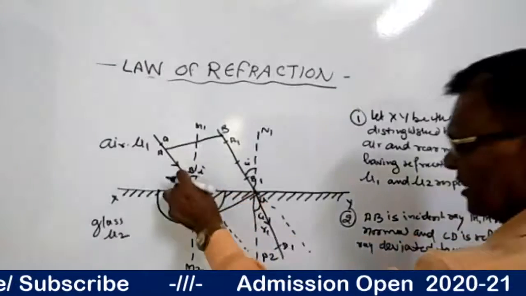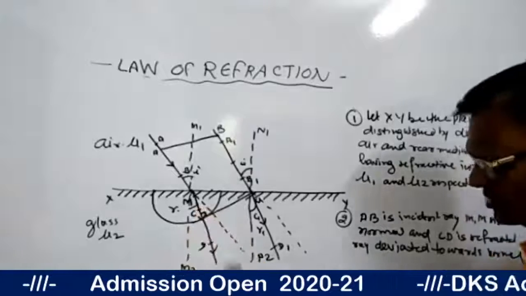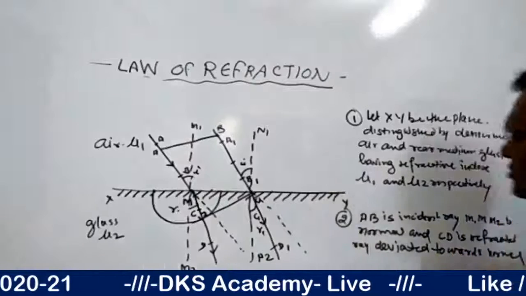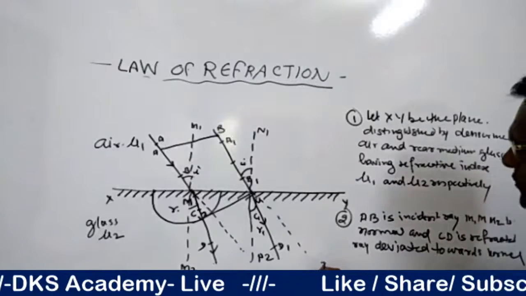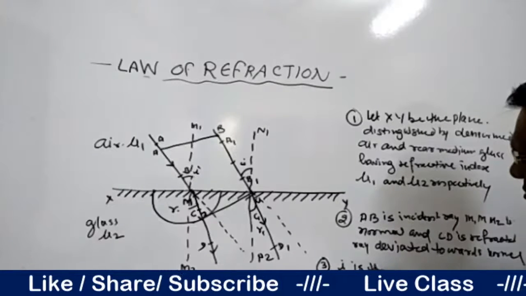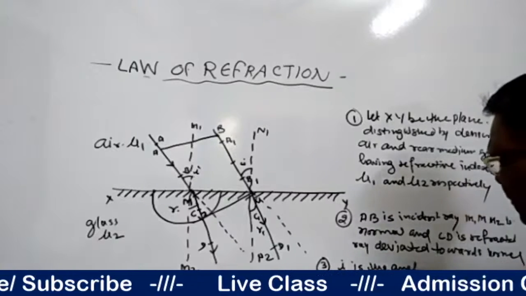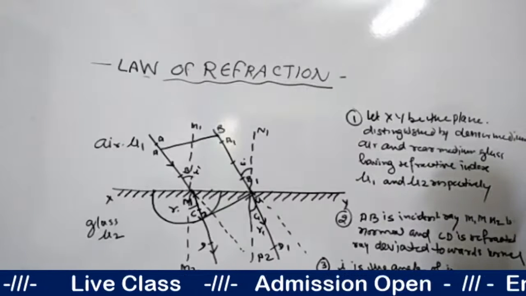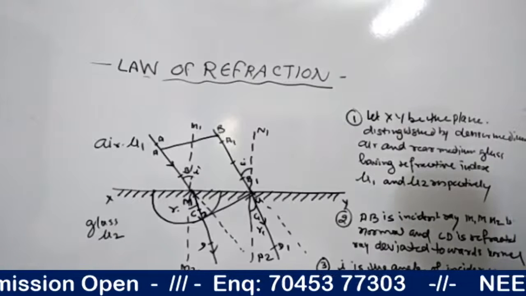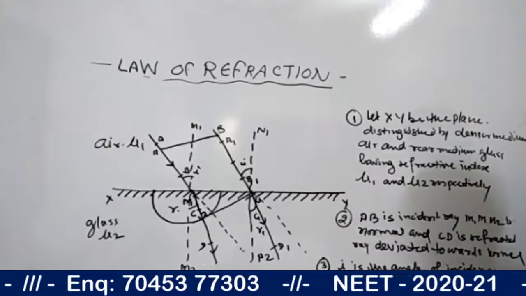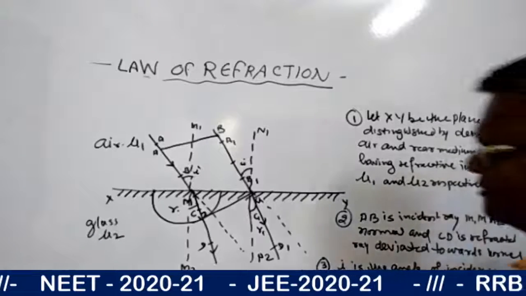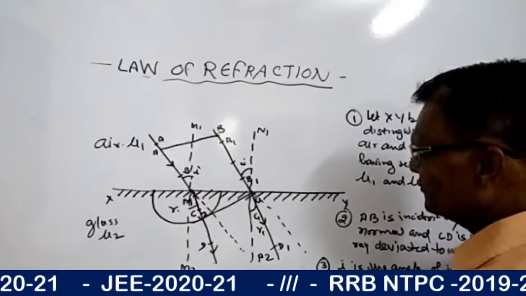See, this is incident ray, this is refracted ray, and this ray is deviated towards normal. So it is making angle of refraction. Third point, I is the angle of incidence, and R is the angle of refraction.